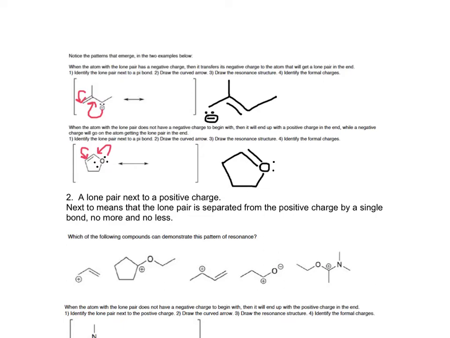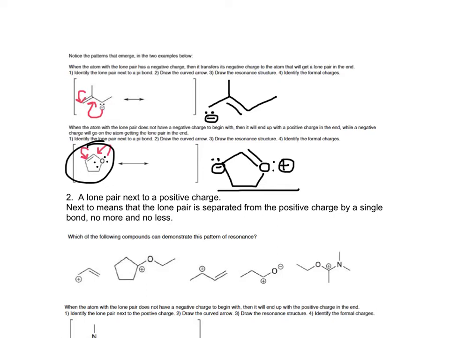So now one of the lone pairs is making a pi bond, so we get a plus charge on the oxygen, and we made a new lone pair on the carbon, and so we have a negative charge.